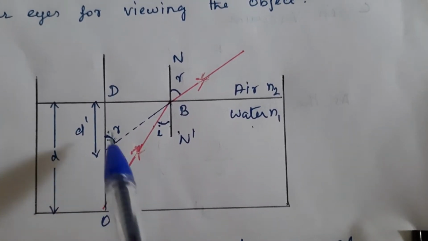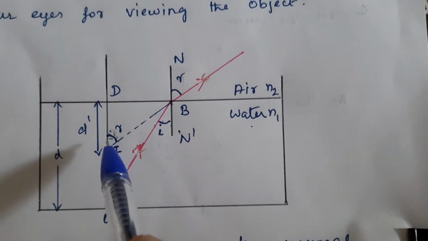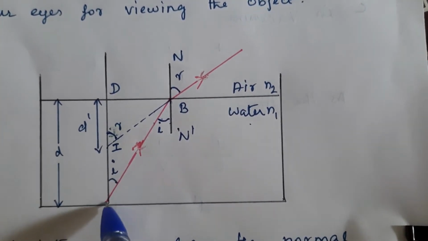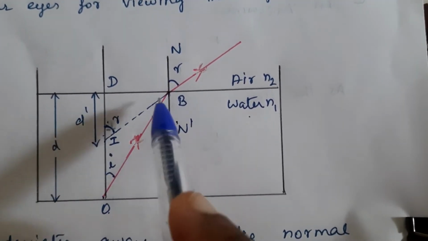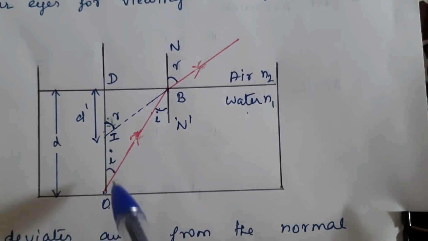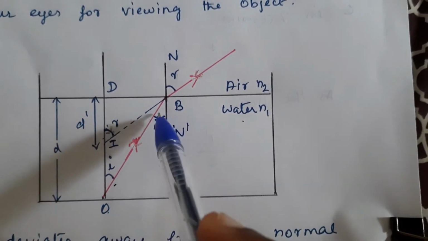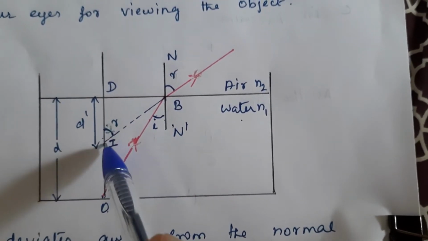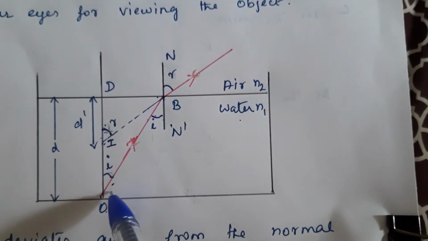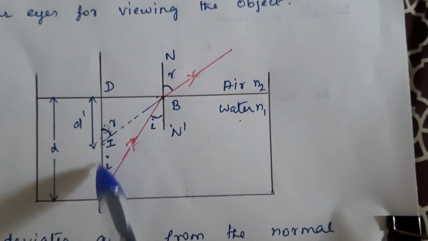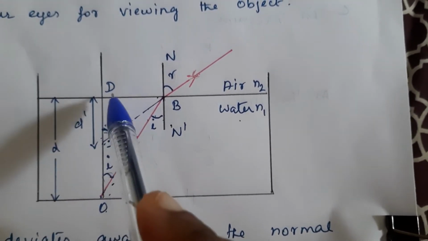Now I am going to take the triangle DOB. What is tan I? Tan I is opposite side by hypotenuse. For I, the opposite side is DB and the hypotenuse is DO.